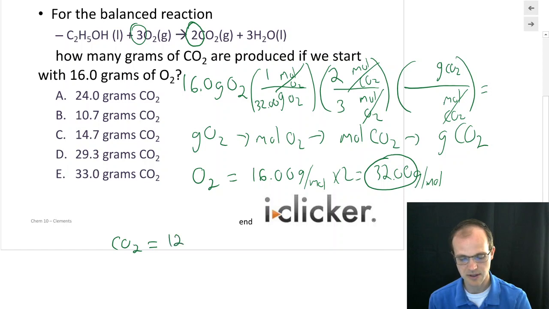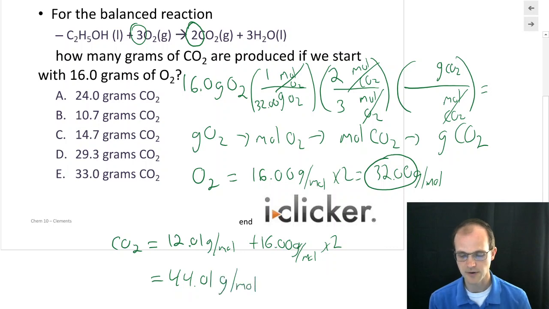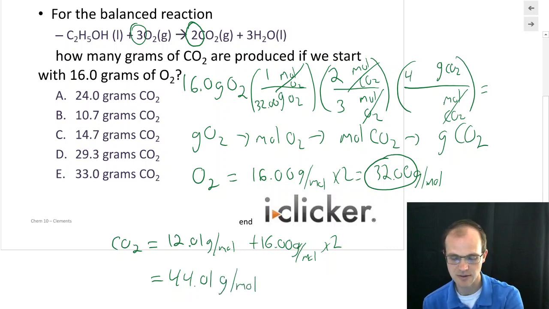Let me go to the periodic table. 12.01 grams per mole plus 16.00 grams per mole times 2. If you work that out, 16 and 16 is 32, plus 12 is 44.01 grams per mole. Where did the 44 go? It's attached to its unit, and so it goes up here.